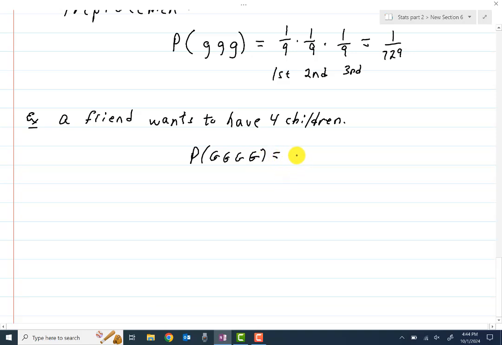For the first one to be a girl, the probability is 1/2. For the second one to be a girl, the probability is also 1/2. The third one also has to be 1/2, and the fourth one has to be 1/2, for a total of 1 out of 16. What this means also is that the sample space has 16 items in it. Similarly, the probability of having all boys is also going to be 1/16.